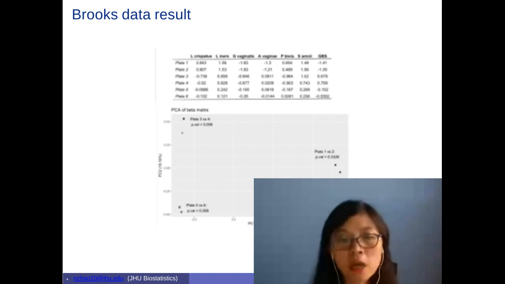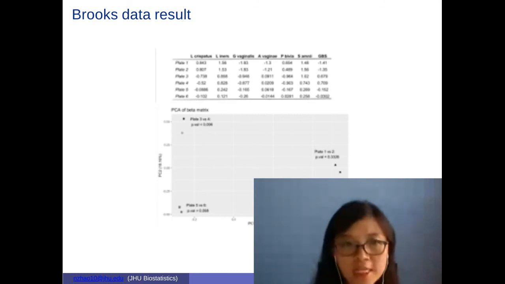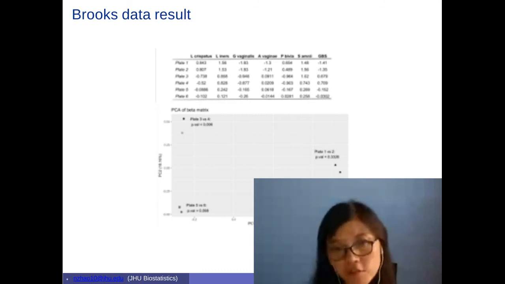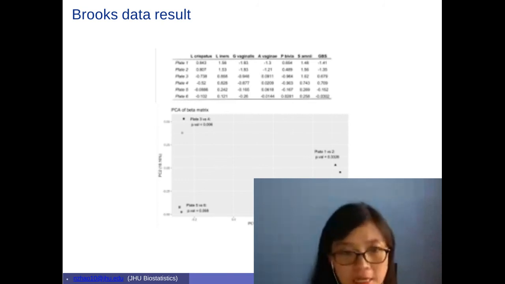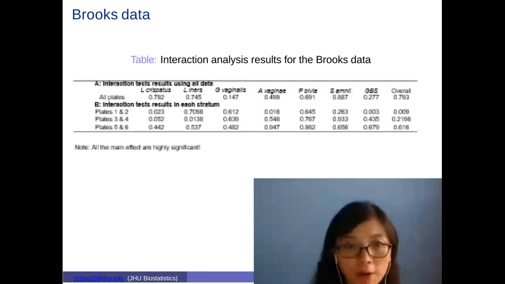It turned out that plates 1 and 2 were processed in the same way. Again, remember we have the cell samples, the DNA samples, and the PCR product samples, and our estimates cluster naturally with different plates. When we do hypothesis testing, each of the plates has a different bias factor compared with the rest of the plates, except I think only plates 5 and 6 are not different with respect to their bias profile.